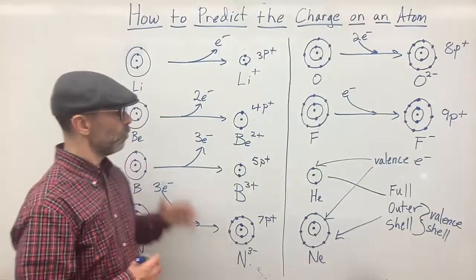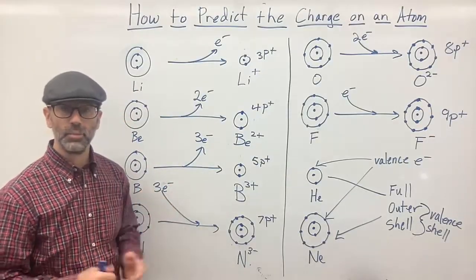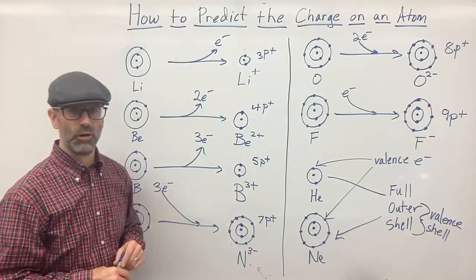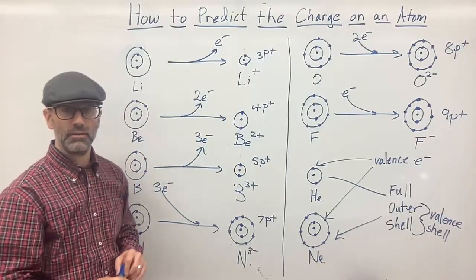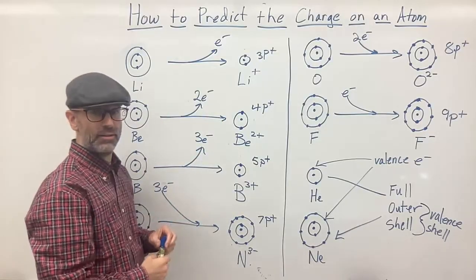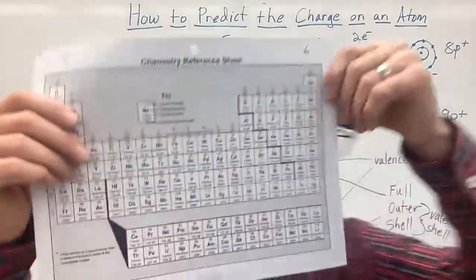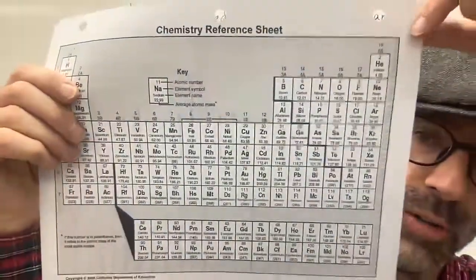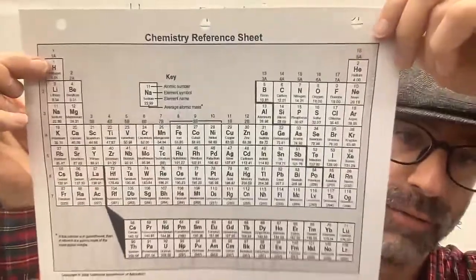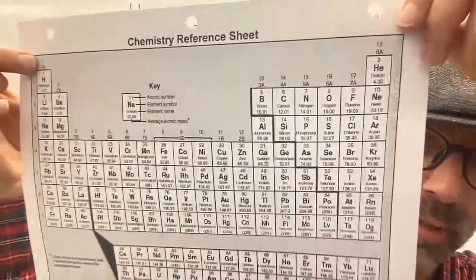Okay, so why did I skip carbon though? Well, carbon is number 4, smack dab in the middle, right? So let me use my periodic table again. Let me show you the periodic table. So you'll notice over here up here we have group number 1.